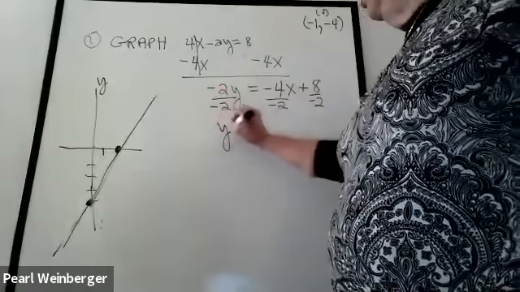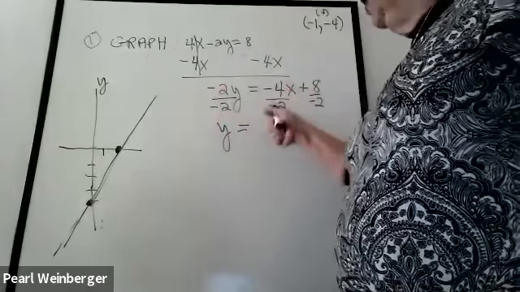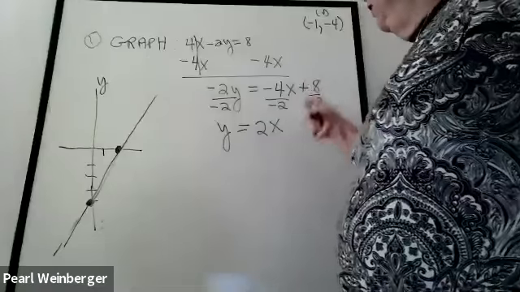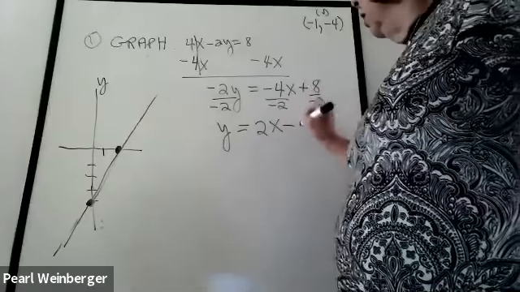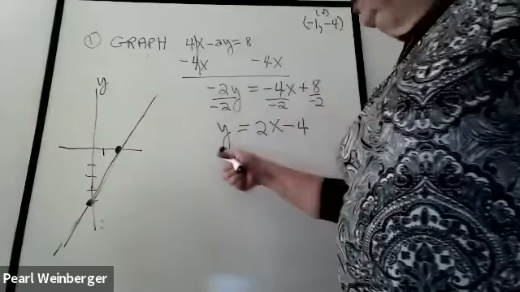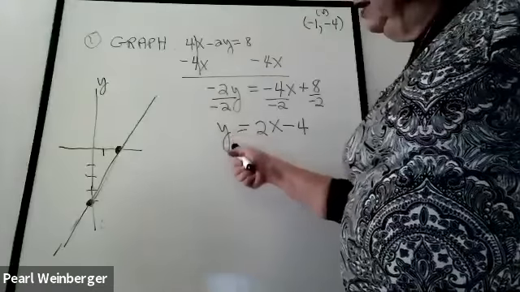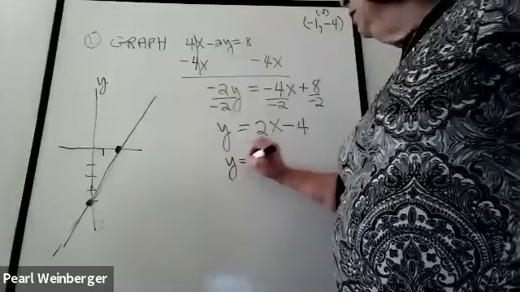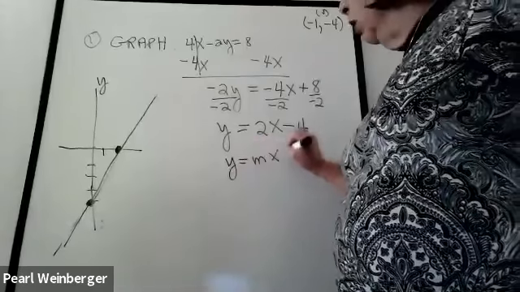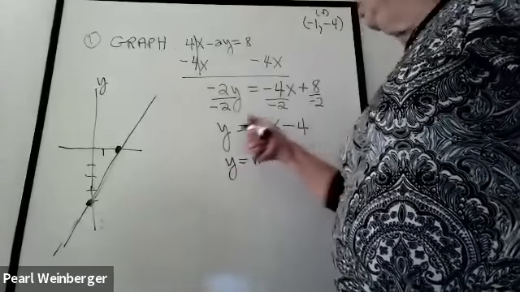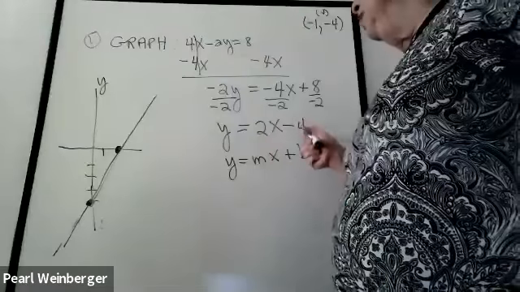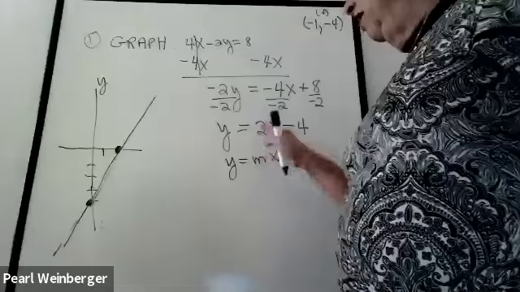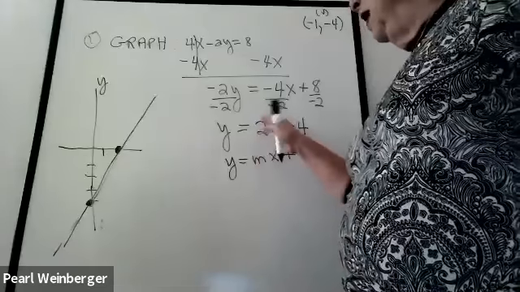This gives me y equals, well, negative 4 divided by negative 2 is 2. And 8 divided by negative 2 is negative 4. So my equation in slope-intercept form, in what we call the y equals mx plus b form, is y equals 2x minus 4.